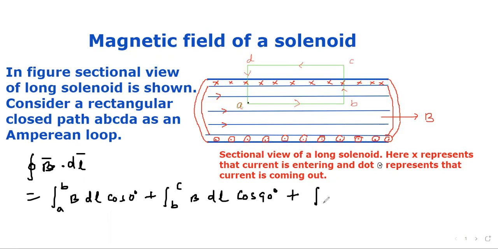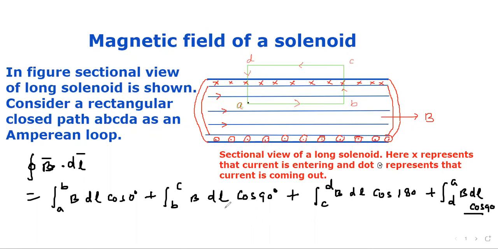Then C to D, B dl cos 180 degree. Then D to A, B dl cos 90 degree. This is perpendicular, this is parallel, this is anti-parallel, this is perpendicular.